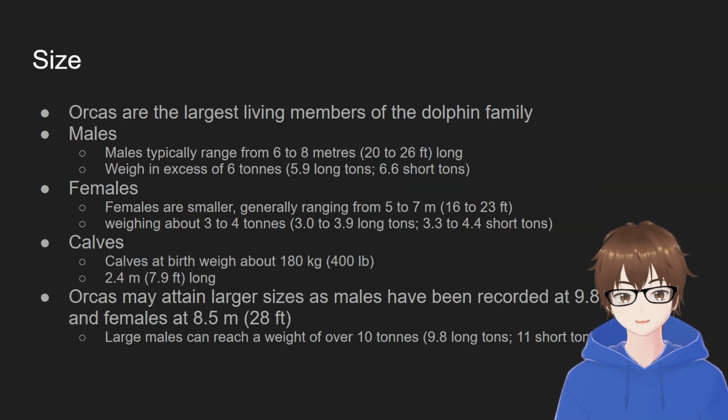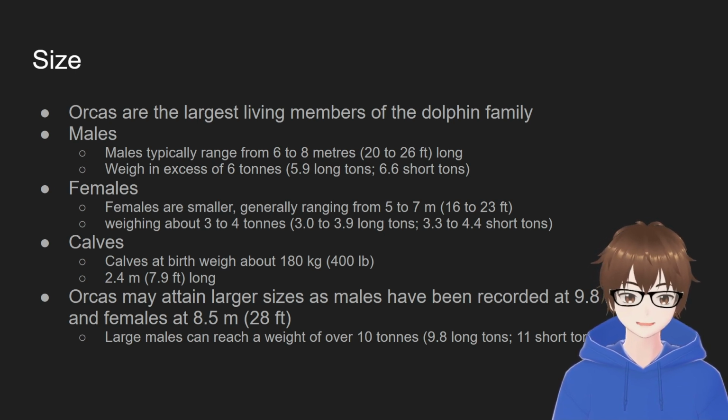So, what about the size of these orcas? Orcas are the largest living member of the dolphin family, and males typically range from 6 to 8 meters, which is 20 to 26 feet long, and they weigh in excess of 6 tons, or 5.9 long tons and 6.6 short tons, which I don't really care much for. So they're just around 6 tons.